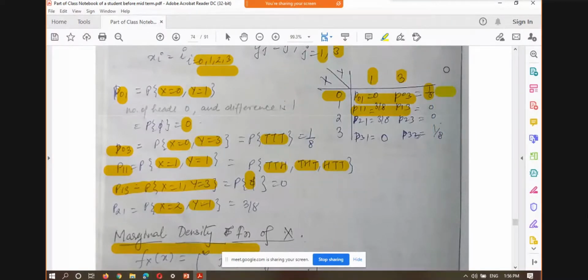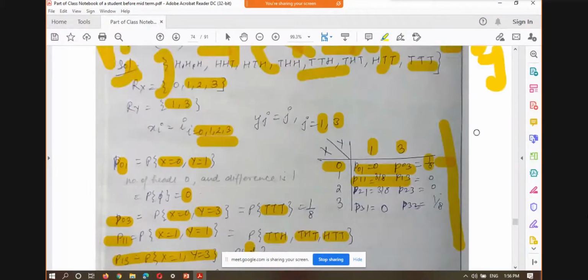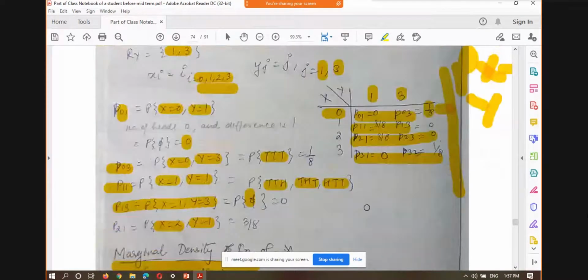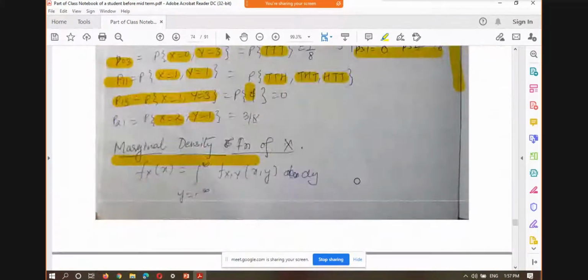I have to write one column here, and in that I will write the probability that x equals xi, and then I have to add. Like in this first line I am having 1 by 8, second I am having 0, third I am having 0, and fourth I am having 1 by 8. So like this we have to do.